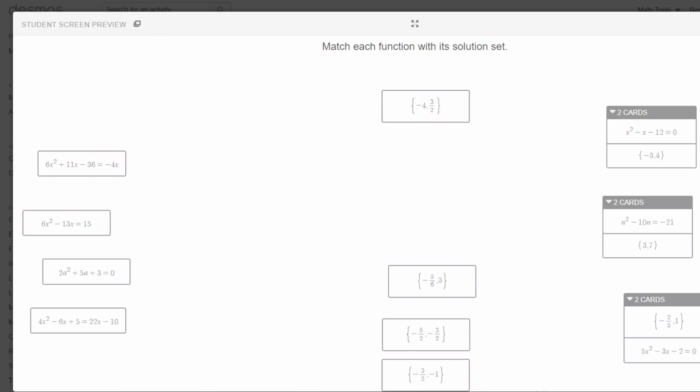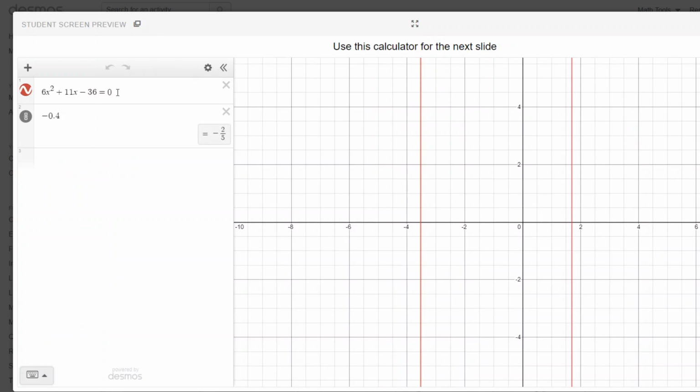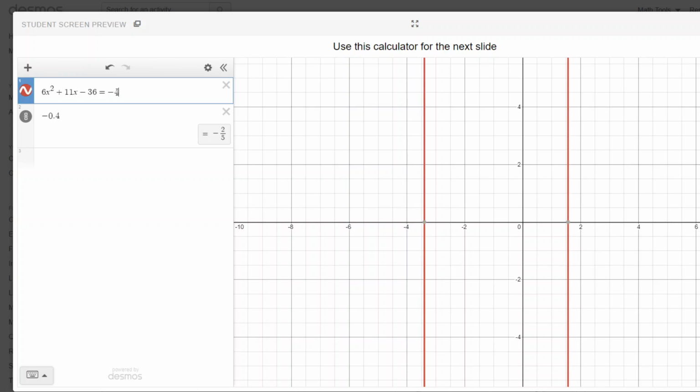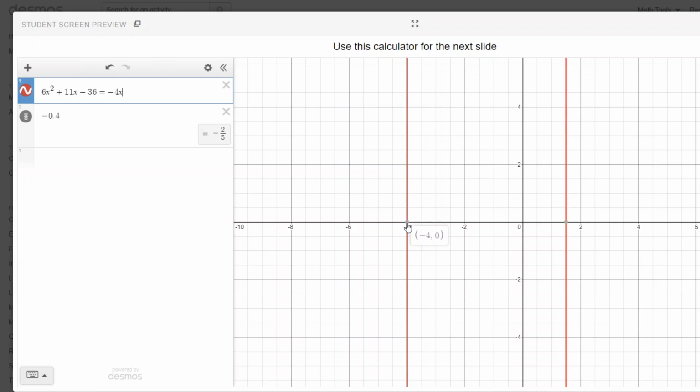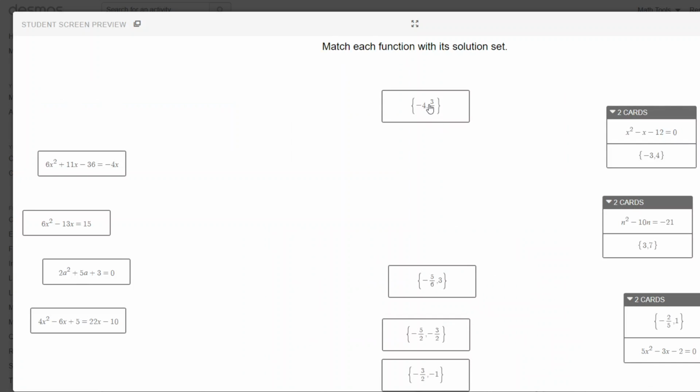Yeah, I think it equals -4x. So let me type that in as well, and then we can look for the answers. So there's -4 and 1.5. If you're not sure what 1.5 is, go ahead, type it in, and it'll do the fraction to decimal for you. So -4 and 3/2 is what we're looking for for this one.